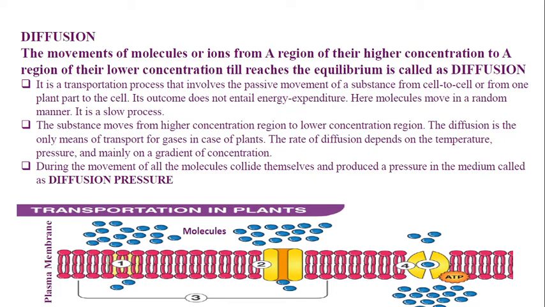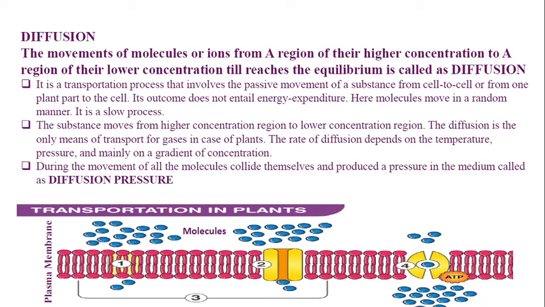That's why the higher concentration of water in the soil can be transferred towards the lower concentration of the root hairs. So this is nothing but diffusion, and it continues until equilibrium is attained. The substance moves from a higher concentration region to a lower concentration region.